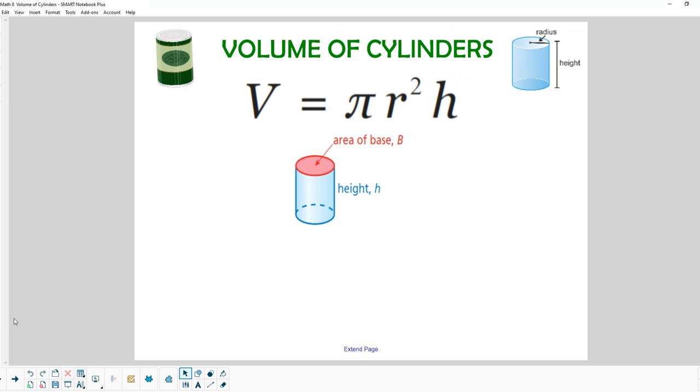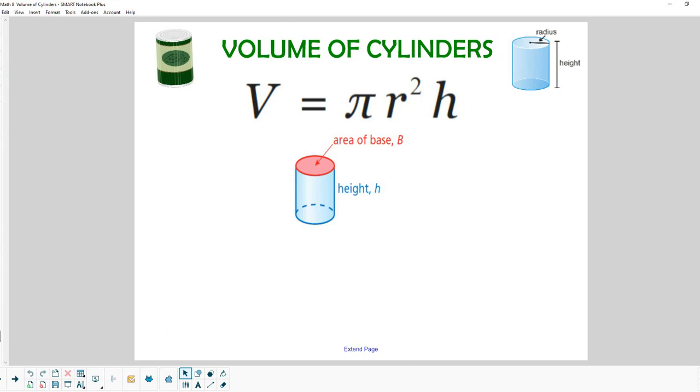So here's the formula. We've kind of mentioned it in the beginning, but the total volume is the area of the base of this cylinder times its height. And the area of the base will always be pi times the radius squared of whatever the base is.